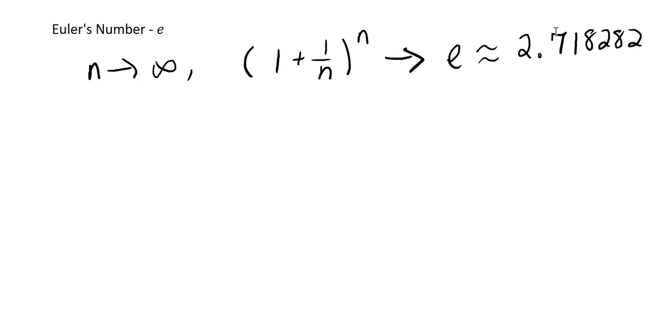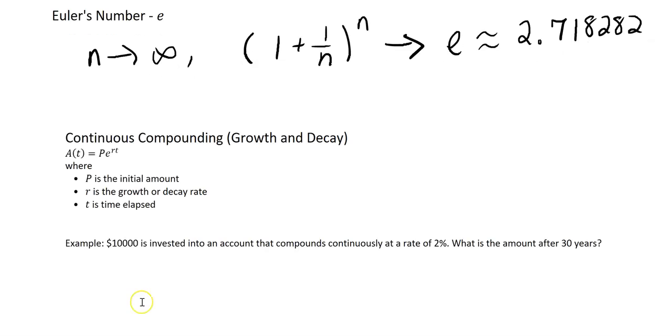So the new formula they're going to give you, for continuous compounding, growth and decay, is A of t equals P e to the rt. Some people like to call it PERT. They have the same values as before.